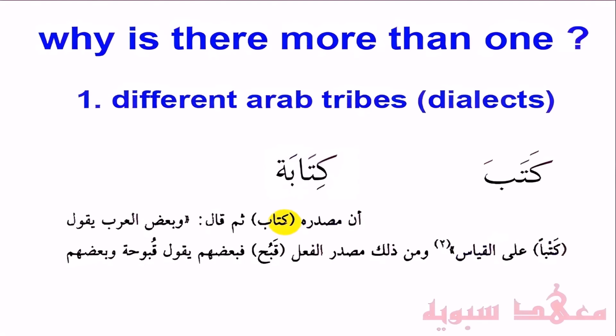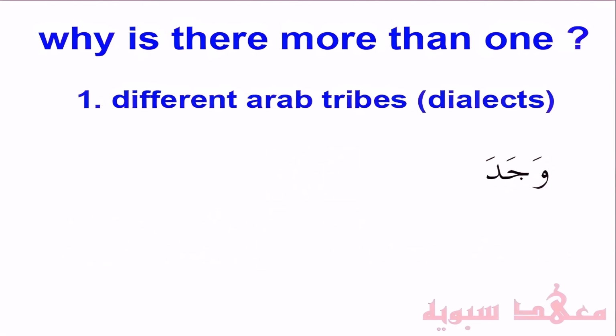So that's 3 masdars. Just one more example, just before we leave this point, is wajada, he found. And we have the masdars wajdan, wujdan, wijdan, and mawjida. We also have the one that we're taught is wujud. So here we have 5 masdars for this verb.